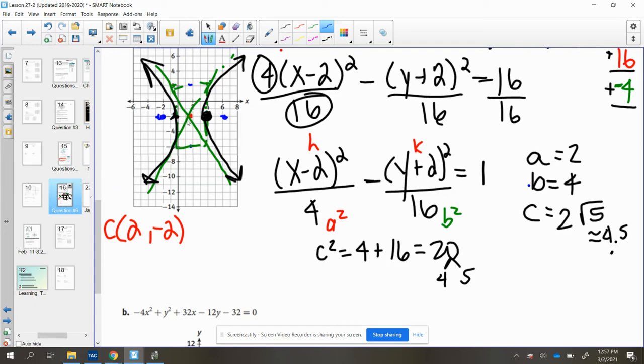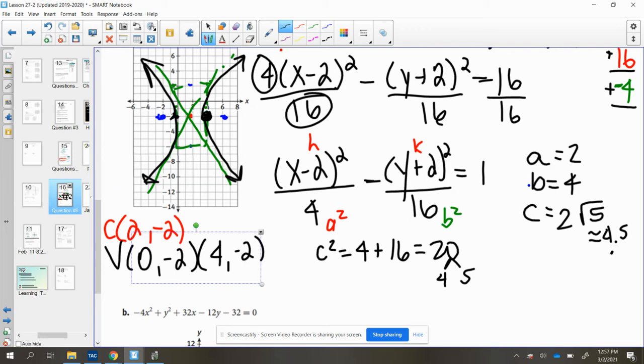Okay, so if we're asking for a specific location of each of these points, then again, our vertices, I'll write it over here by the center. The vertices were to the right and left 2 units each. So at 0, negative 2, and at 4, negative 2.